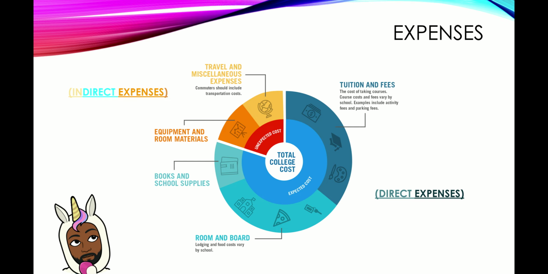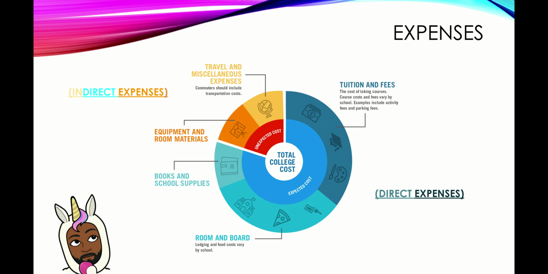However, things like your equipment and room materials or your travel and miscellaneous expenses, like if you're buying clothes or technology for yourself or other things that aren't related necessarily to school supplies but to your lifestyle, those may not be expected costs, and as a result they may not be costs that you immediately factor in as you're considering how much money you need to pursue a college program.